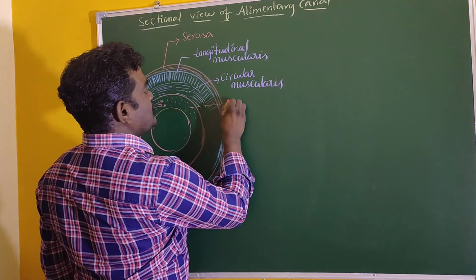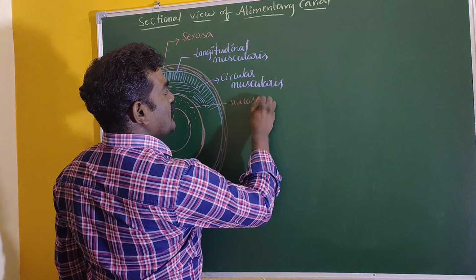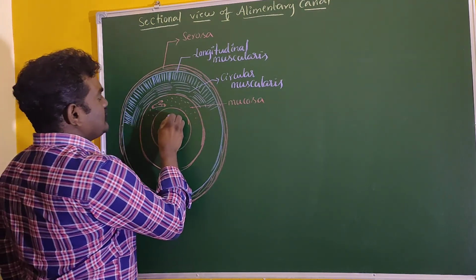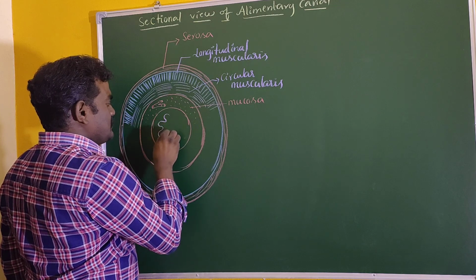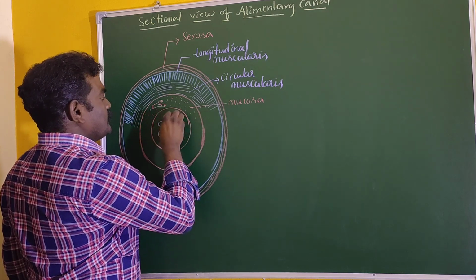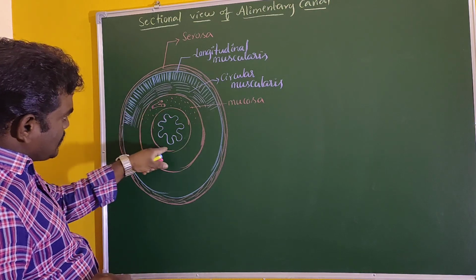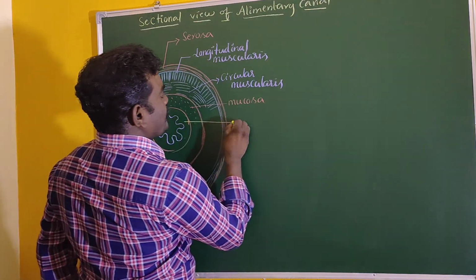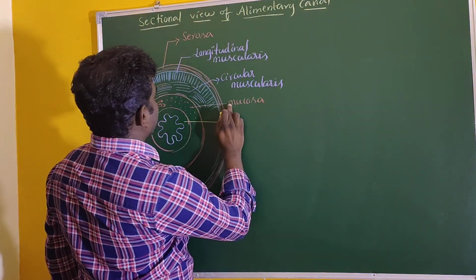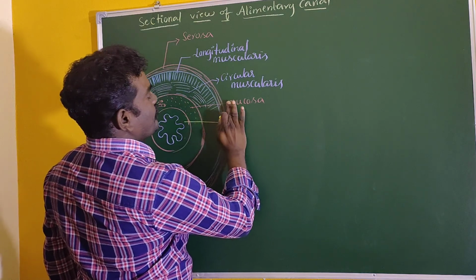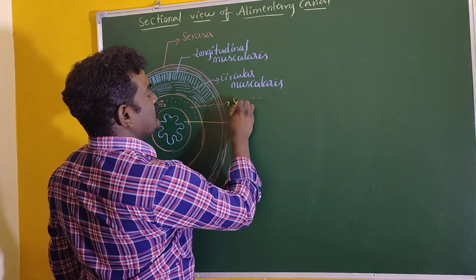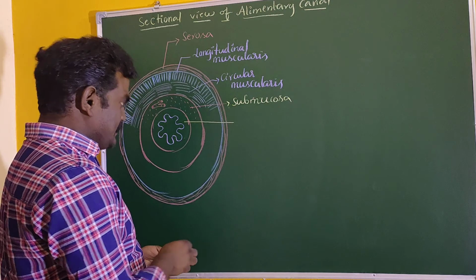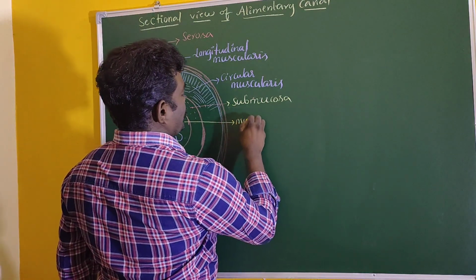So this is the third layer, submucosa, and this innermost layer is termed mucosa. The fourth layer is mucosa.